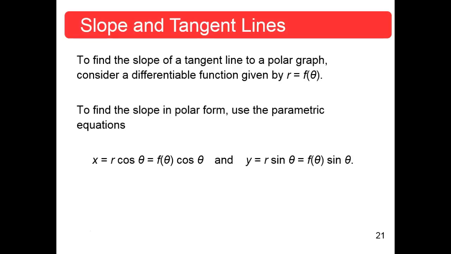Now this is sort of, to me, a little bizarre way of doing it, but it's fine. It's certainly true. And then what we want to do ultimately is have dy dx, right? That's your slope. Okay? That's what we're looking for, slope and tangent lines. Well, to get dy dx, do dy d theta, dx d theta, and then dy d theta divided by dx d theta is going to be dy dx.